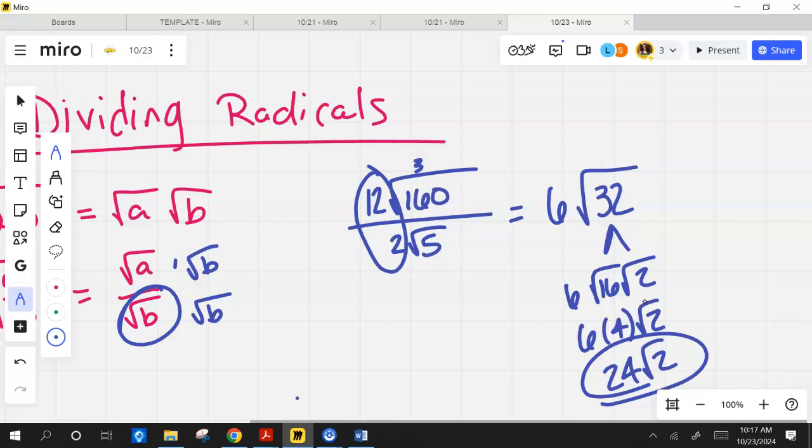Easy, because that's square roots, right? Let me throw in some other roots then. I was just showing them how we were dividing. We did the square root of 160 over 5, and we did 160 divided by 5.